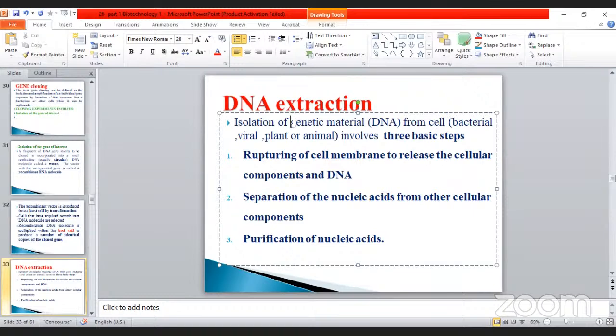The first one is isolation, the DNA extraction. First, you should isolate the DNA molecules from the different strains. Different strain means, I already showed it, isn't it?